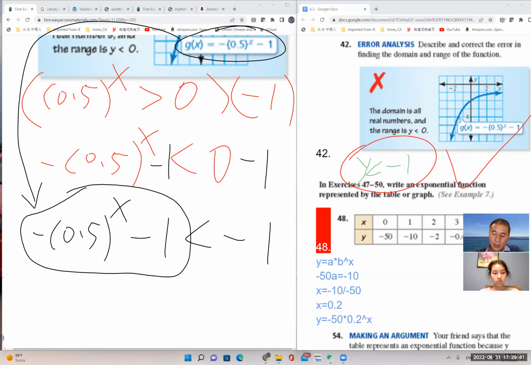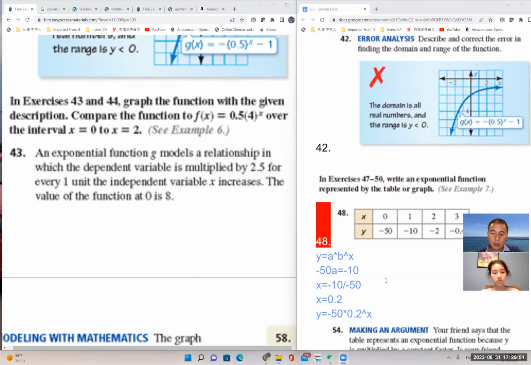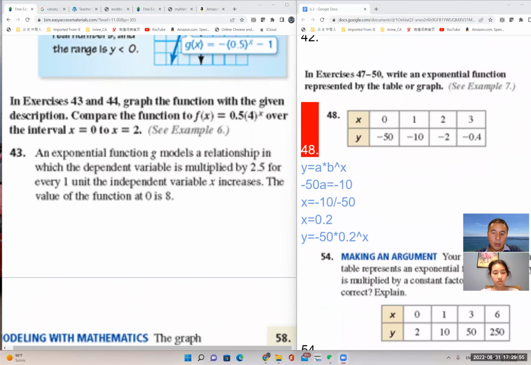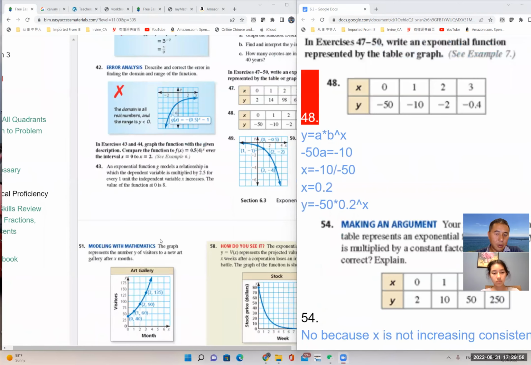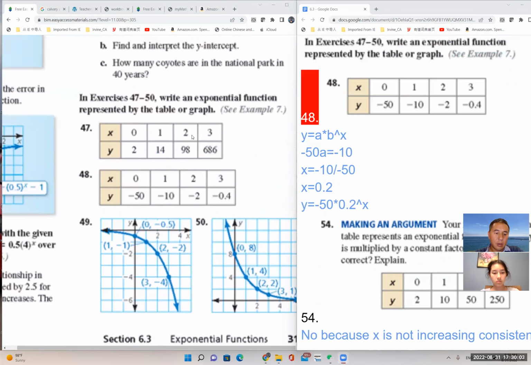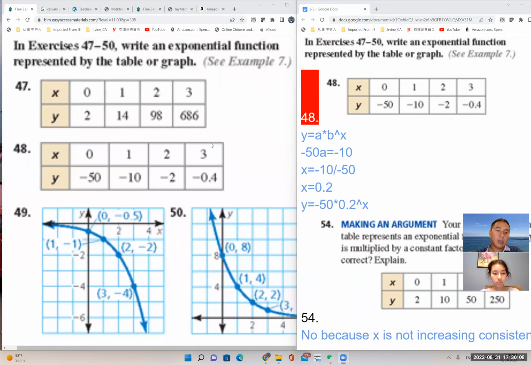Okay, please screenshot. Okay. Then 48. The exercises 47 to 50: write an exponential function represented by the table or graph.